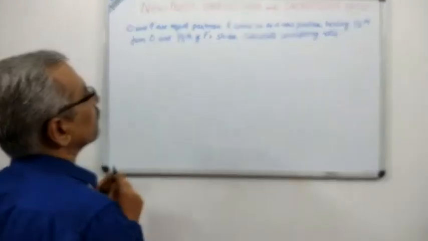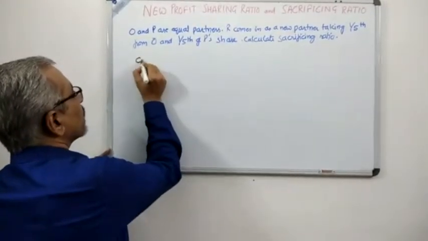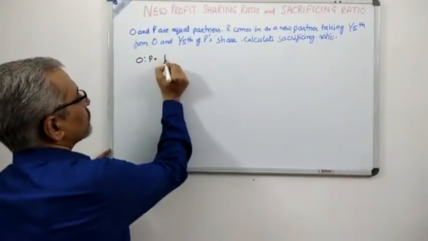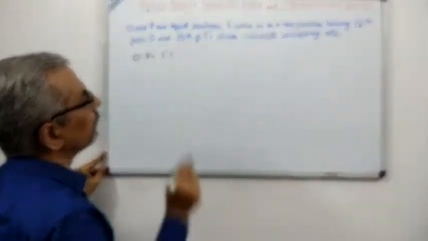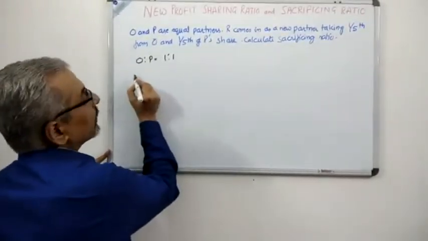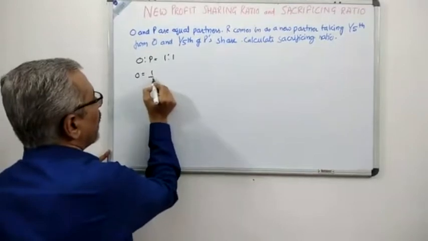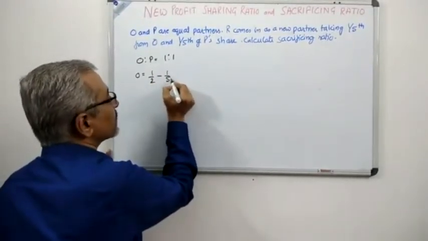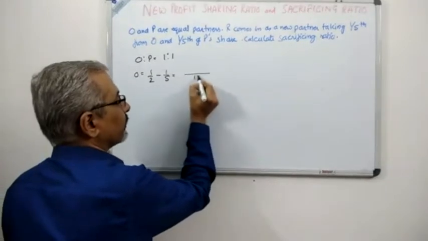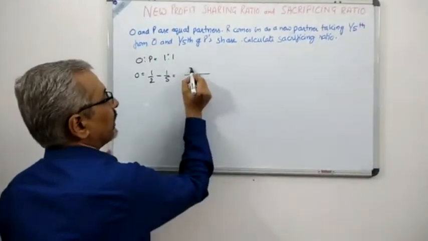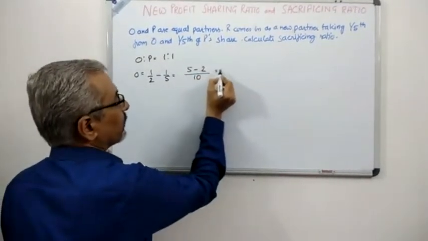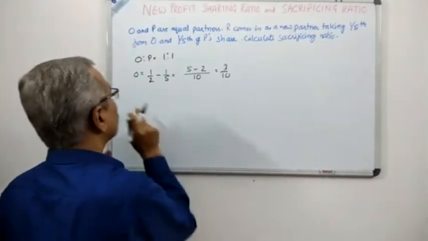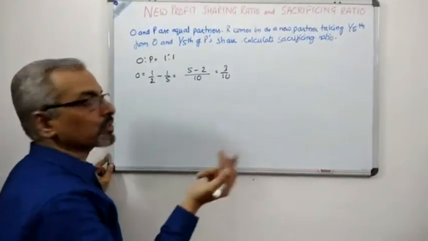Now let us see over here. What is the share between O and P? It is 1:2, that is, half each. Now R has come in, and from O, half minus 1/5, because the word from has been used. So the LCM between them is 10, and we have 5 minus 2, that is 3/10 is left with O after giving the share.